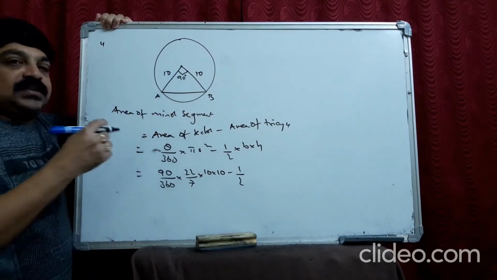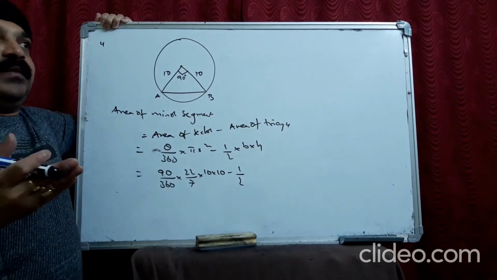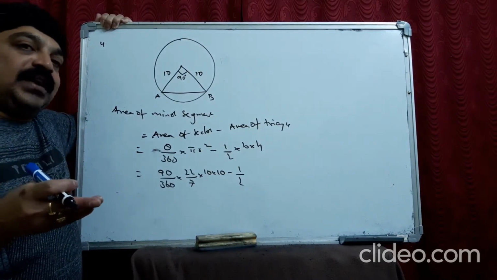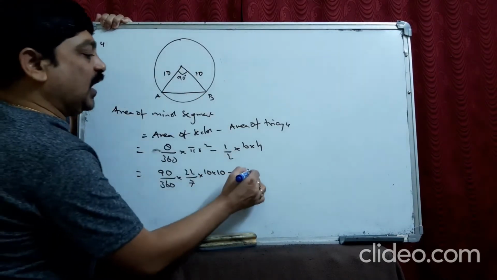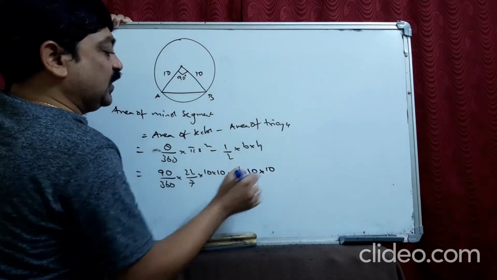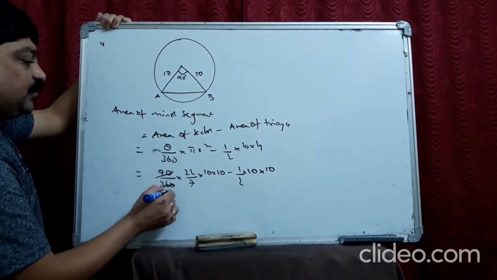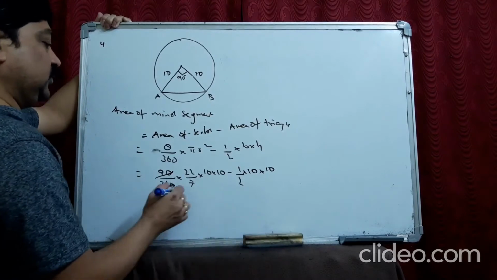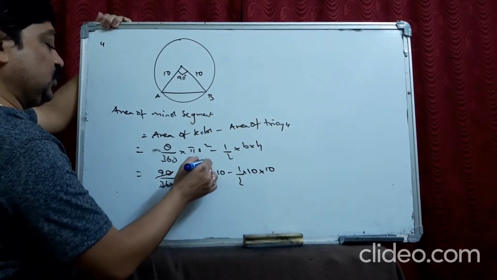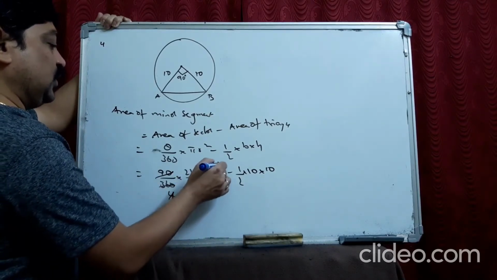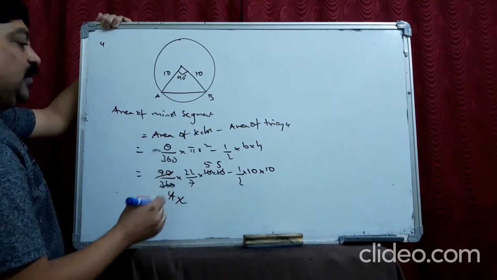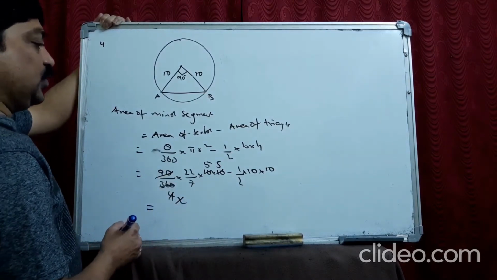So the sides which include the angle 90 can be taken as base and height. Here half into 10 into 10. Now it becomes 4 here. Now 2 2s, 2 5s, again 2 2s, 2 5s. Now it becomes 25 into 22.